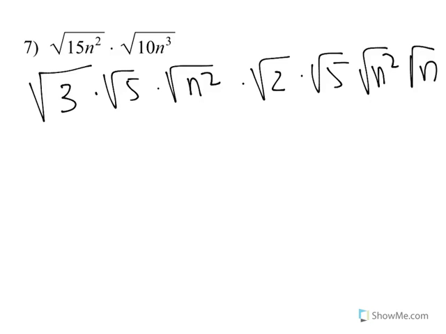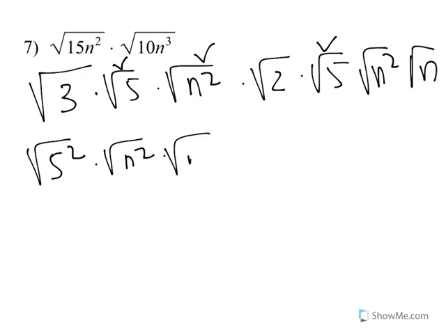And now we can combine like terms. So these two will give me radical 5 squared, radical n squared, and radical n squared. So I'm going to keep them separate. And now I have left radical 3, radical 2, and radical n.